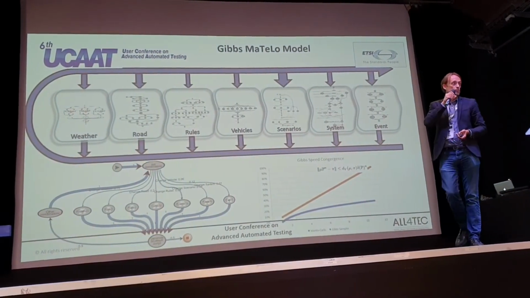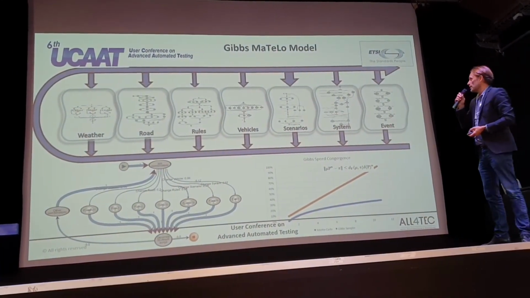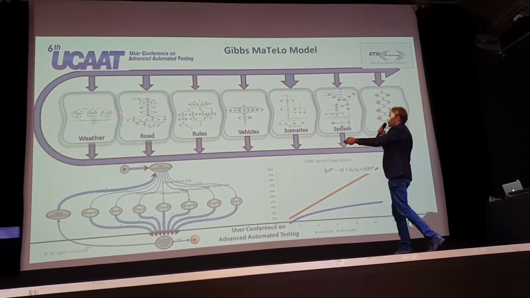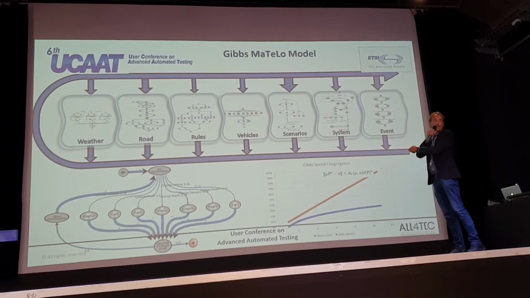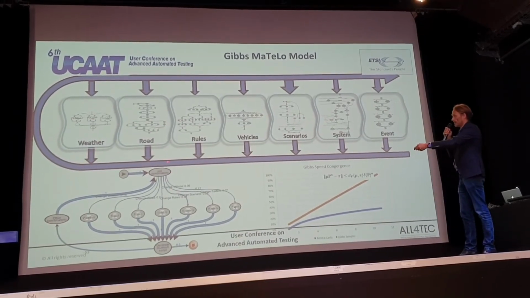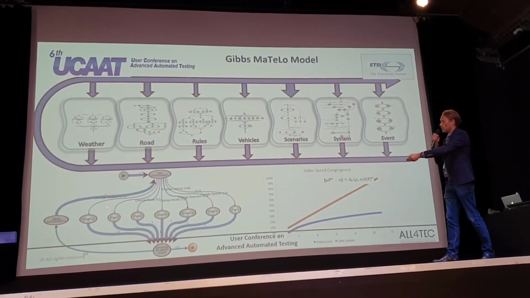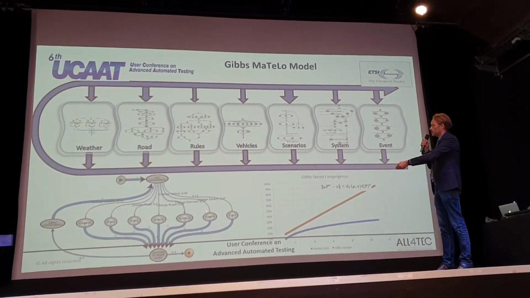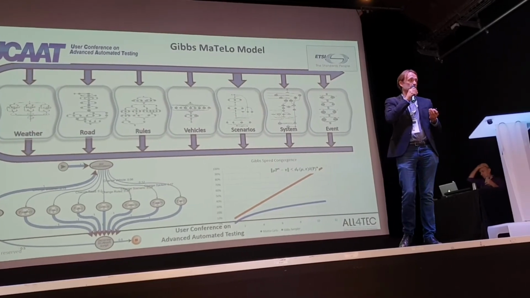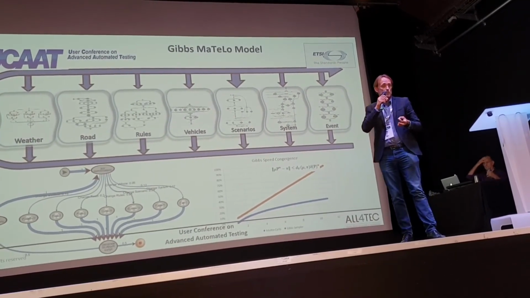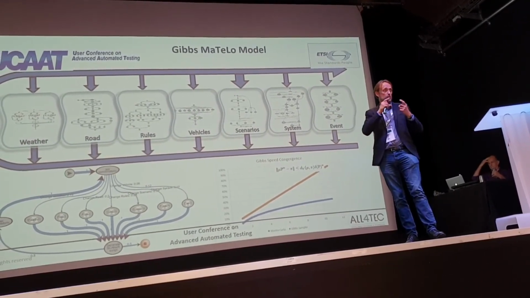So how can we do that in MaTeLo? In fact, we take all the families and use them in a parallel model like this, and we set a weight on each transition of the model. The weight is the importance you want to set on a family, not an equivalence class, but a family.